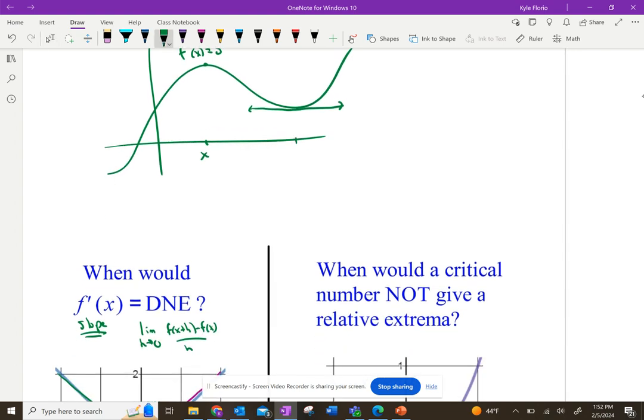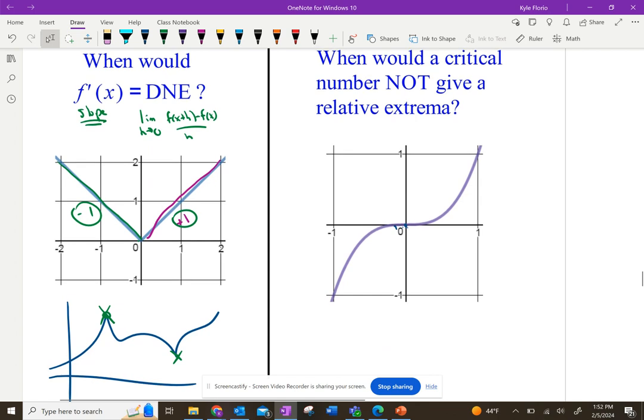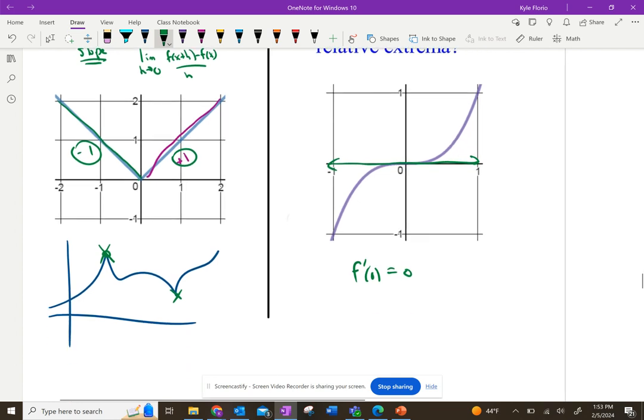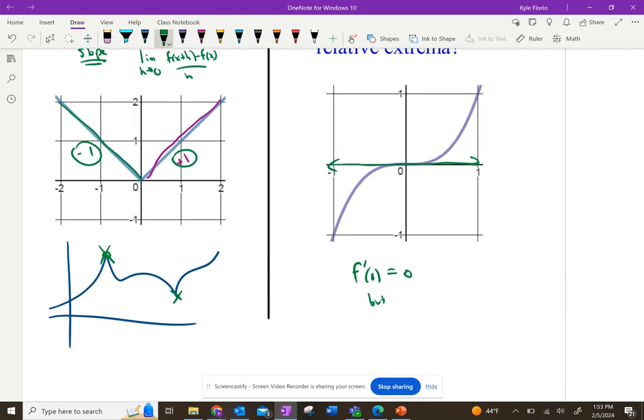Now, just because the derivative is 0 doesn't guarantee you have a max or a min, because in this situation, the derivative of the function at 0, the slope of this function at 0, is 0. So here the derivative is 0, but it is not a relative extrema.